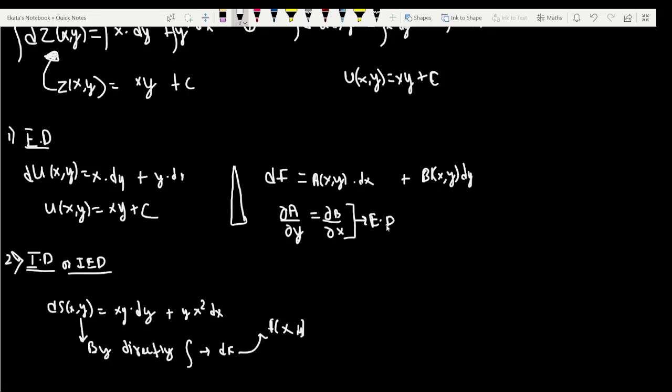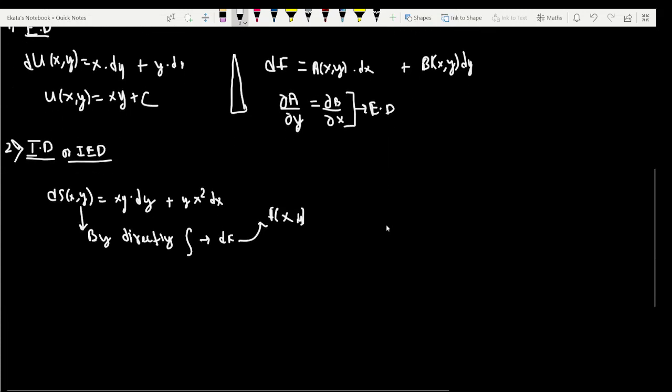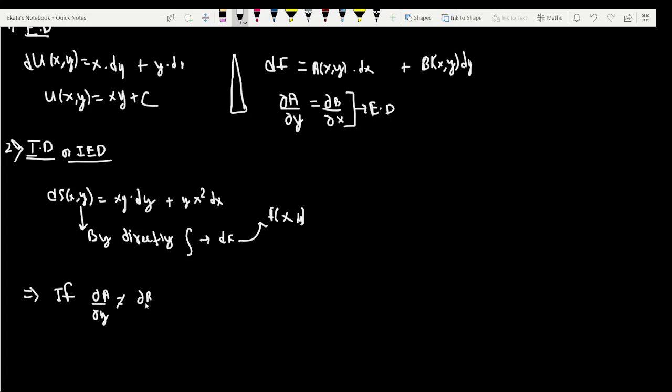And if this property is not true, this basically means that it is inexact. It means if the partial derivative of a with respect to y is not equal to the partial derivative of b with respect to x, this means that the differential is an inexact differential.